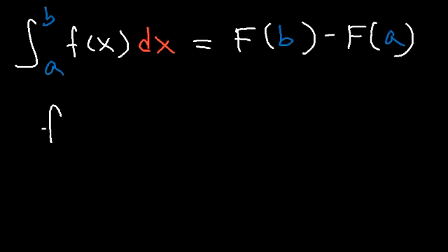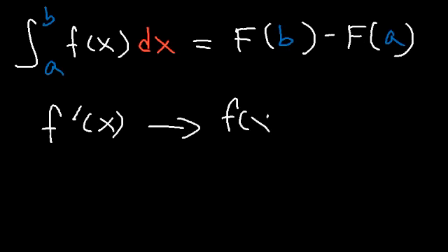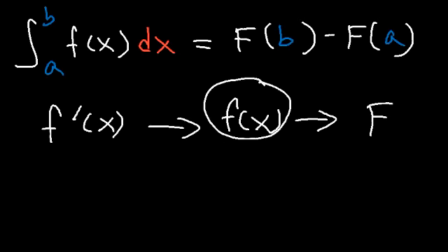Just so you know, f prime of x is the derivative of f of x, and lowercase f is the derivative of capital F. Capital F is the integration or antiderivative of lowercase f, and lowercase f is the integration of f prime.